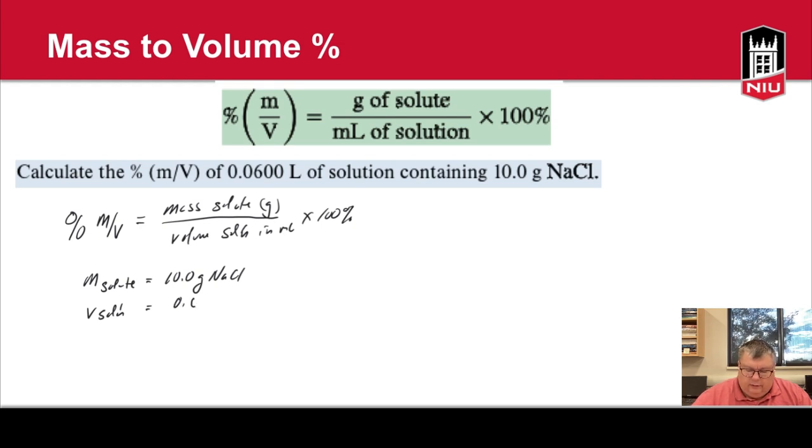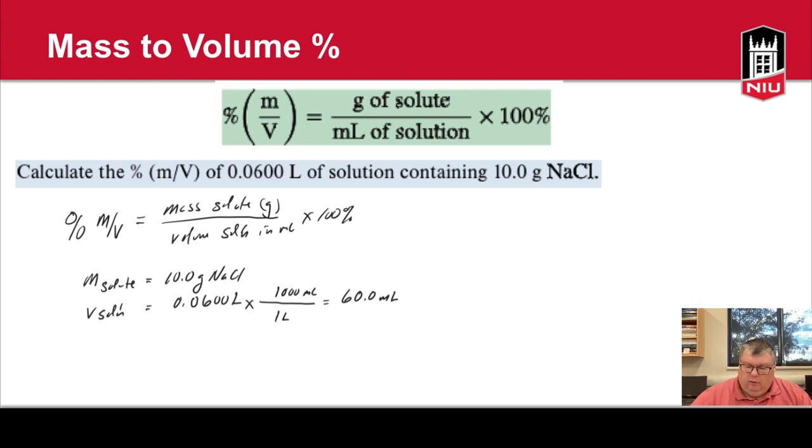the volume of solution is 0.0600 liters. We need to convert that to milliliters first, so 1,000 milliliters is 1 liter. So this is actually 60.0 milliliters.